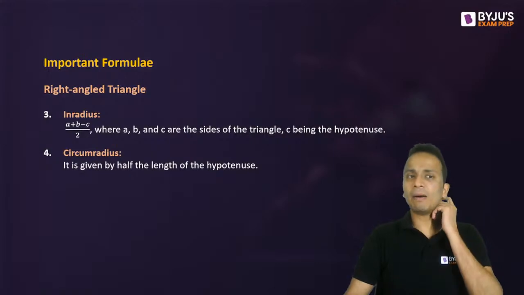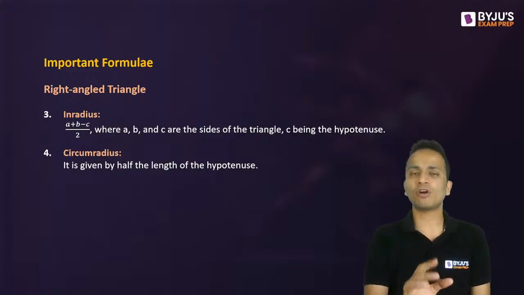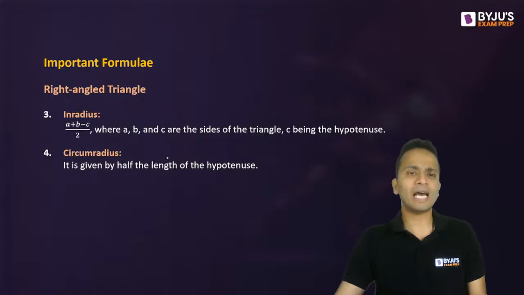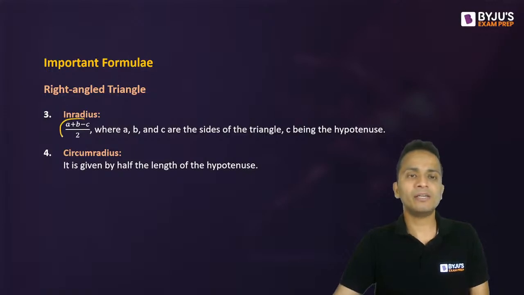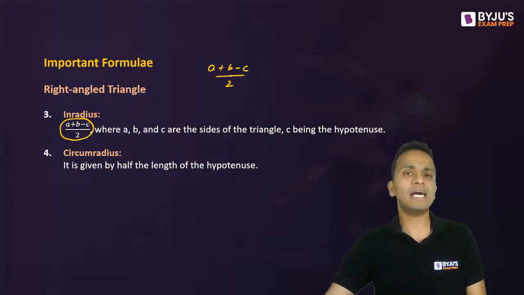Now the next thing is about a right angled triangle. Now these two rules that I'm going to tell you will be applicable only for a right angled triangle. Now there are some questions which will ask you to calculate the inradius or the circumradius of a right angled triangle. Now inradius can directly be calculated using this formula: a plus b minus c divided by 2. Now what are a, b and c?